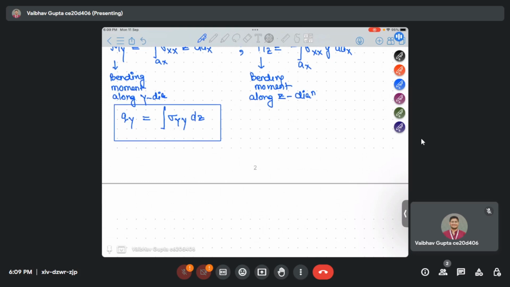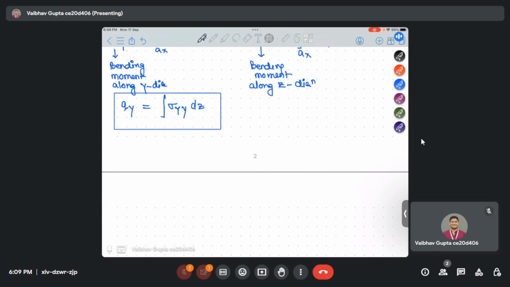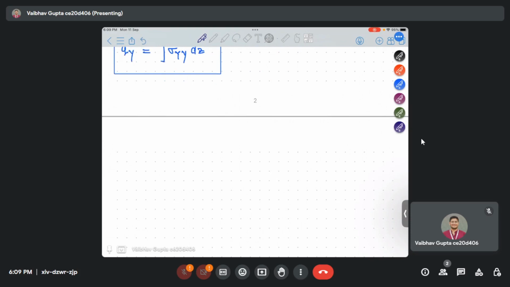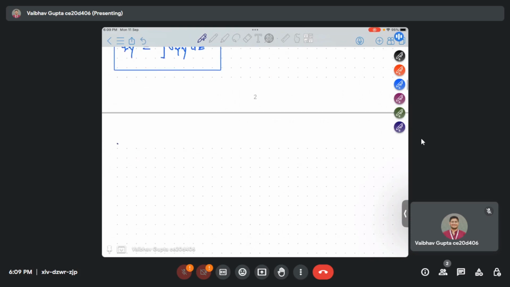Now we study relations. In week 6 towards the end, and in week 7, we have studied how to relate bending moment, shear force, and the loading. So three basic relations have been given. The first is d of vy by dx plus qy is equal to 0.